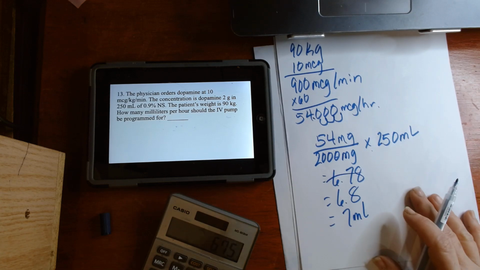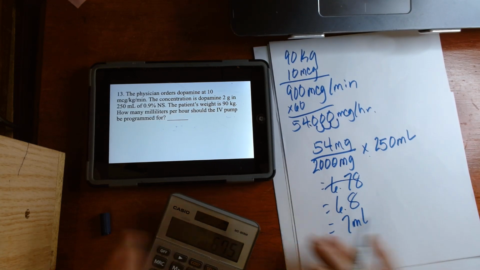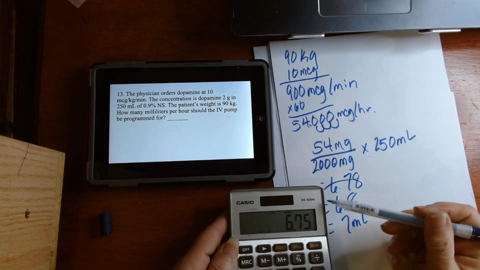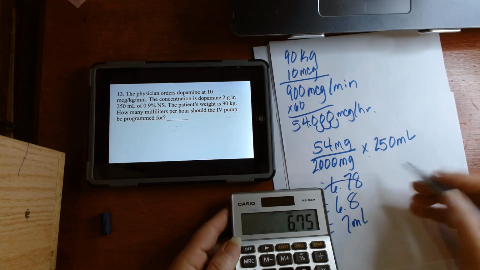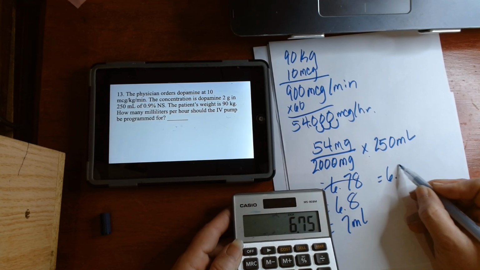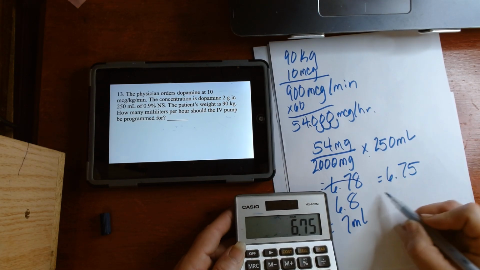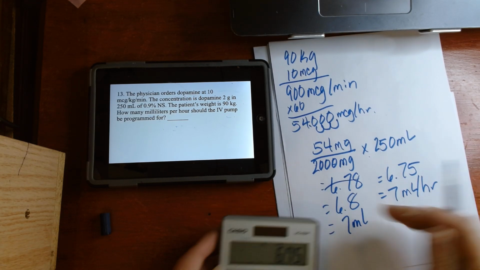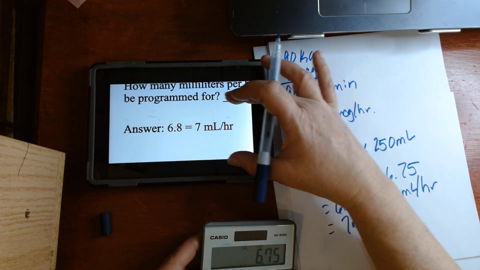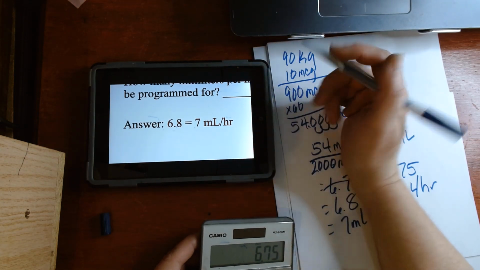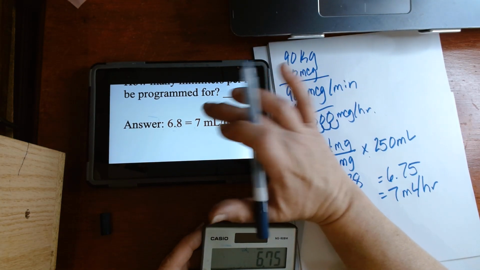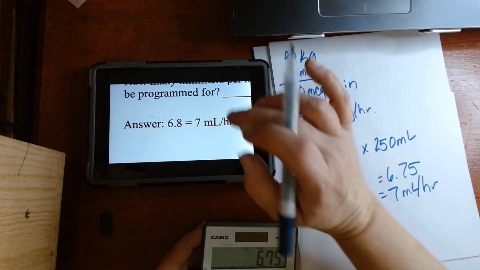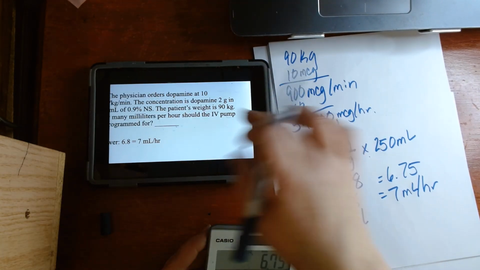Oh, I'm all down the page. Regardless of it, 6.75 is going to end up being 7 milliliters per hour. Look. Ha ha ha ha ha. Saved another one. Okay? I'm pumped. You're pumped. We're all pumped.